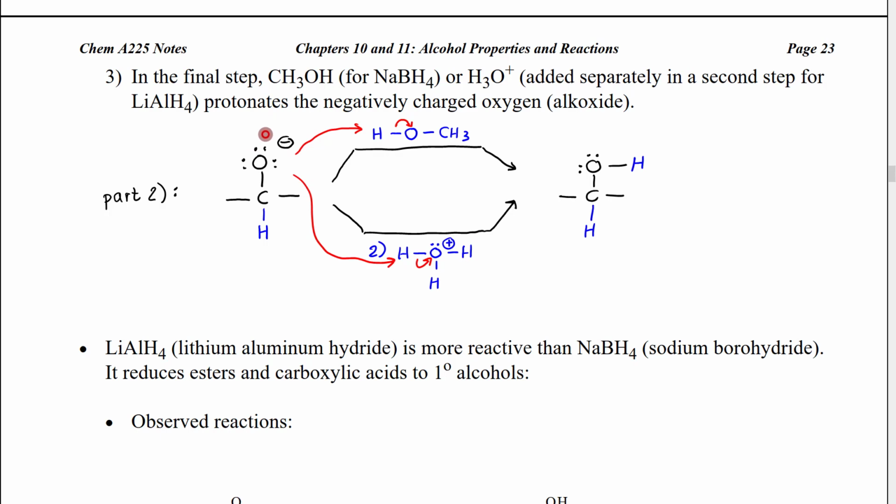The source for that hydrogen depends on which reagent we're using. In sodium borohydride, we mix the sodium borohydride reagent directly with methanol as a solvent, directly with our ketone. So once this is formed from our reactant, there are solvent molecules available that can be deprotonated by the alkoxide, forming our final product.